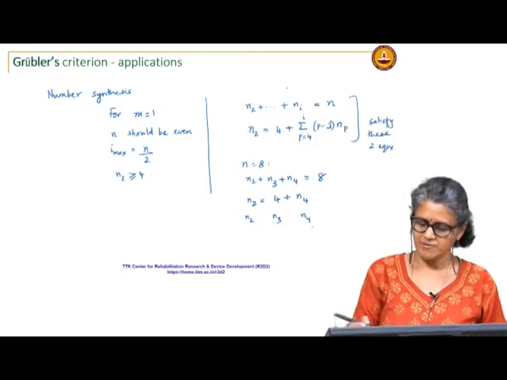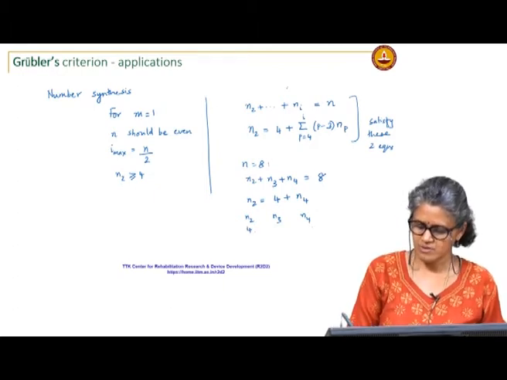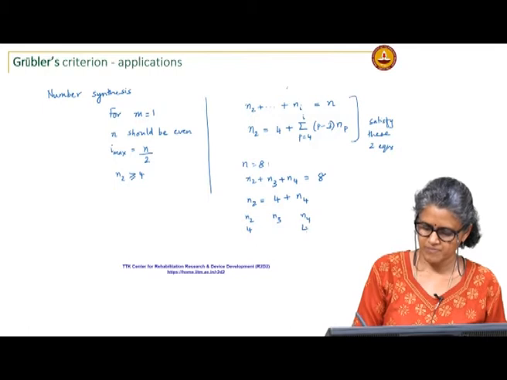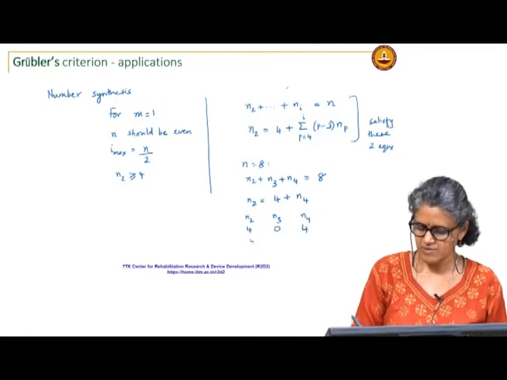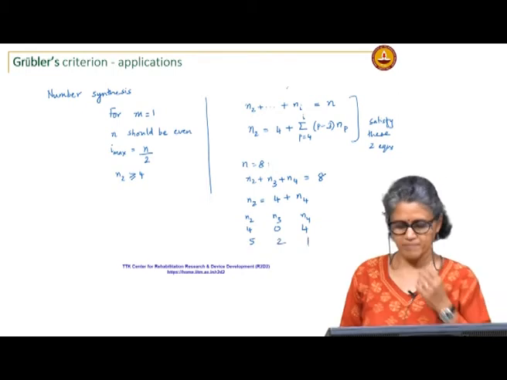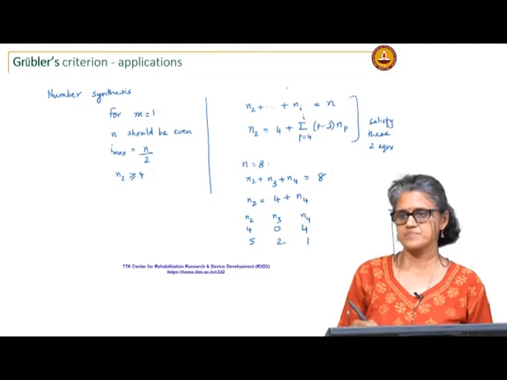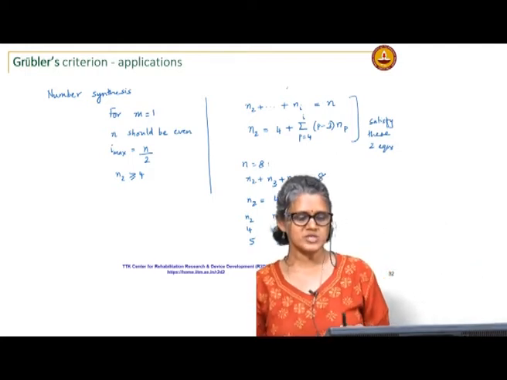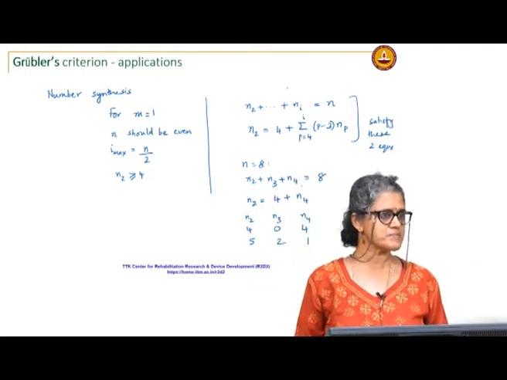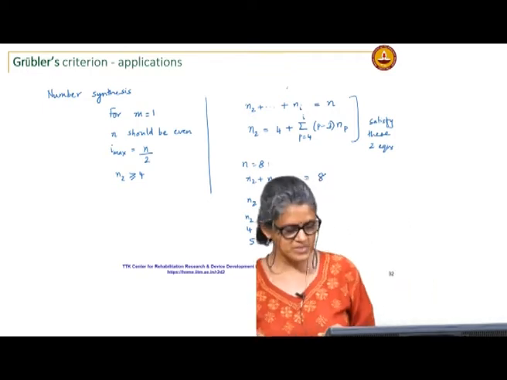So, you could have 4, 4, or you could have 5, 2, 1, etc., because these all satisfy these equations simultaneously. So, that is your number synthesis.